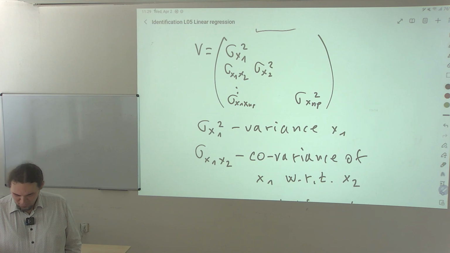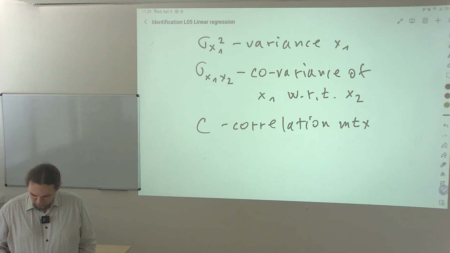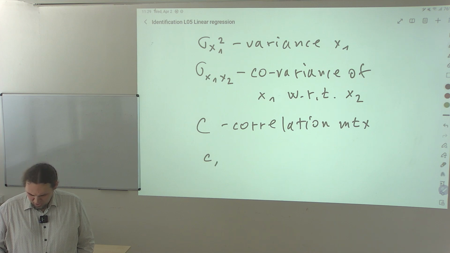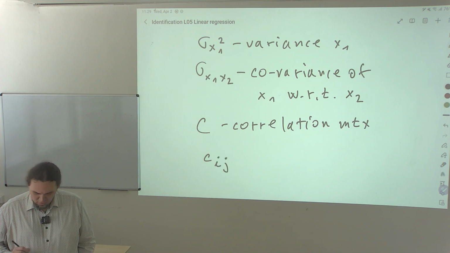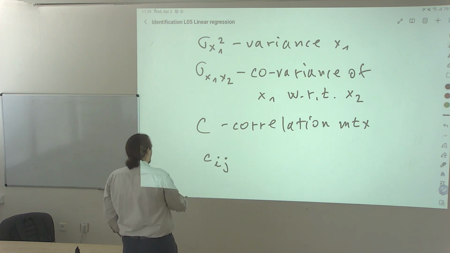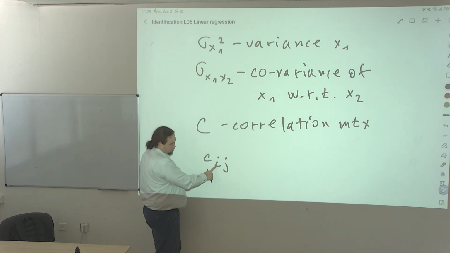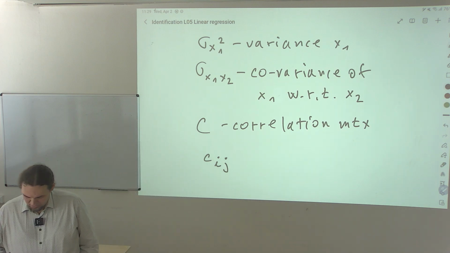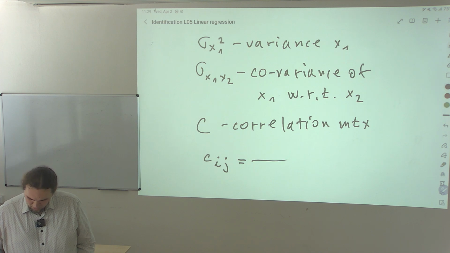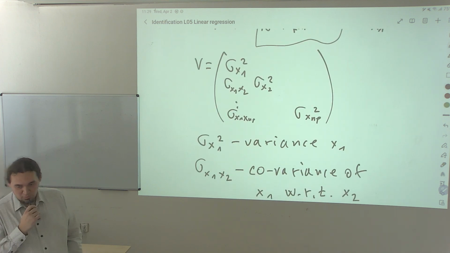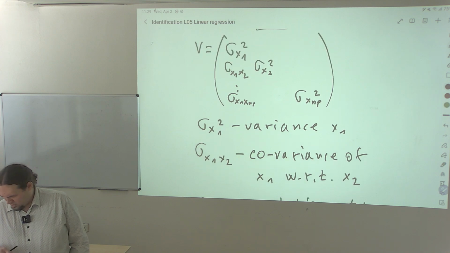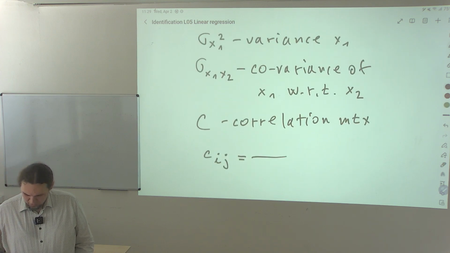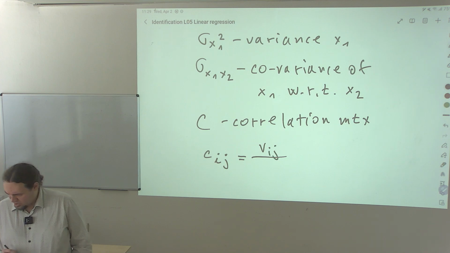Without any heavy matrix calculus, let's construct it just like this. For the element of this matrix on row i and column j, we take the corresponding element from our covariance matrix, Vij.